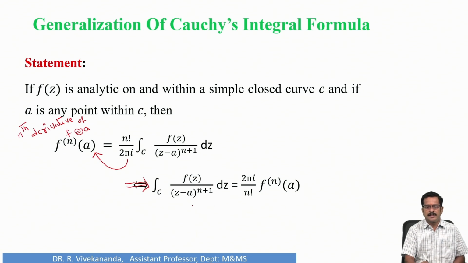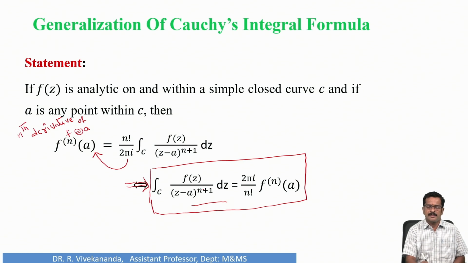So this is the generalized Cauchy's integral formula. We use this when there are more than one singular points. Even one singular point can also be evaluated using this formula.